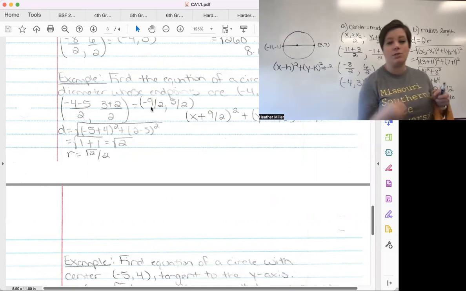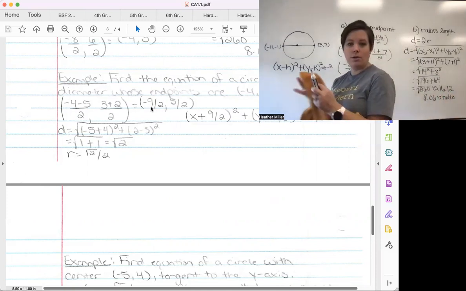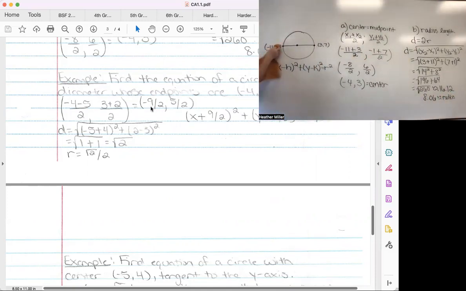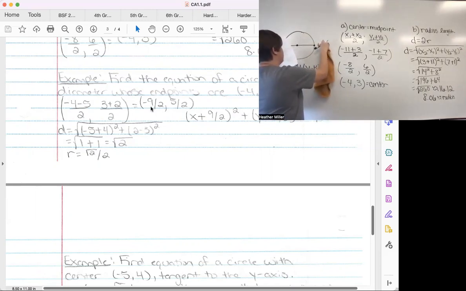Now, all they give us are those two endpoints again. So I'm going to write them up here. I'm going to leave our same picture. So we have -4, 3, and we have -5, 2.